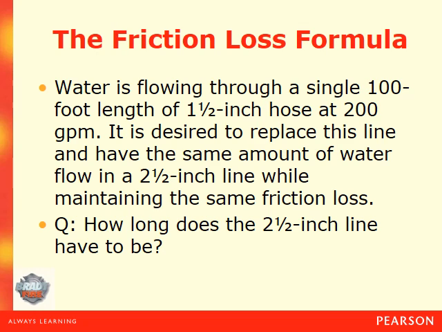Water is flowing through a single 100-foot length of 1.5-inch hose at 200 gallons per minute. It is desired to replace this line and have the same amount of water flow in a 2.5-inch line while maintaining the same friction loss. How long does the 2.5-inch line have to be?